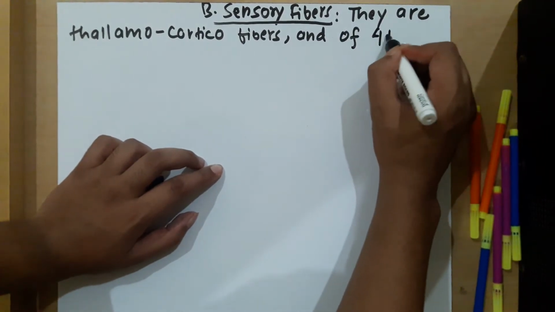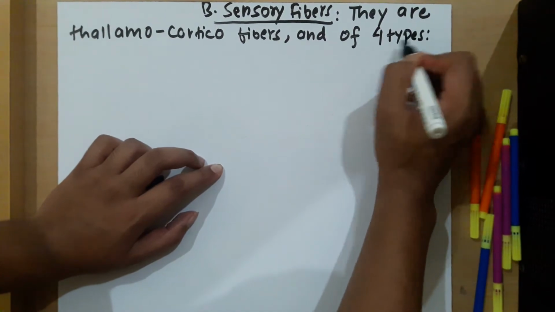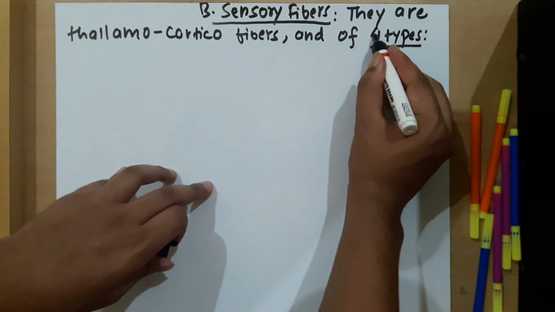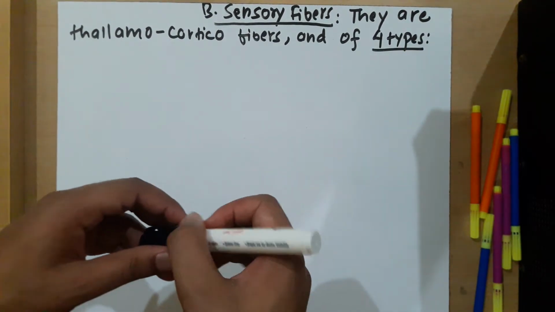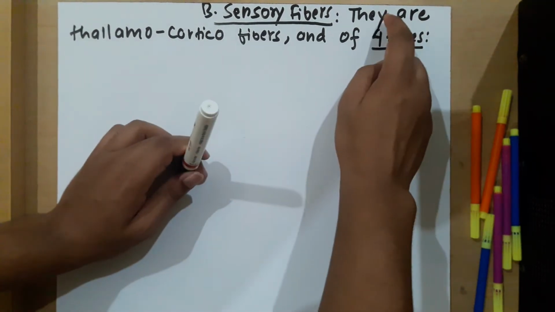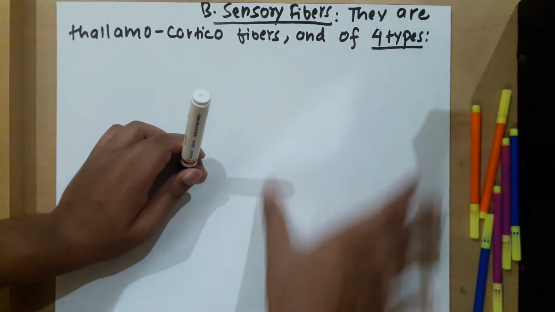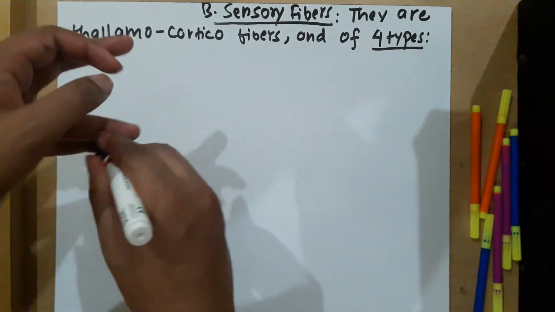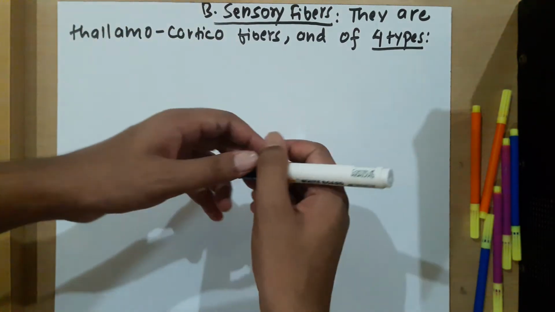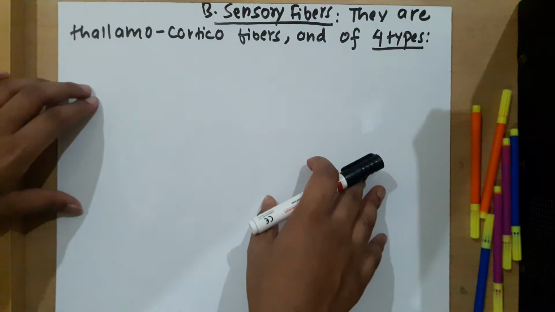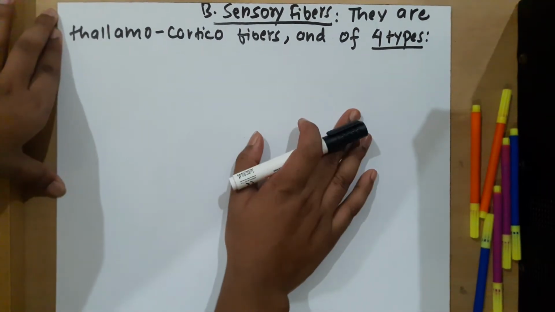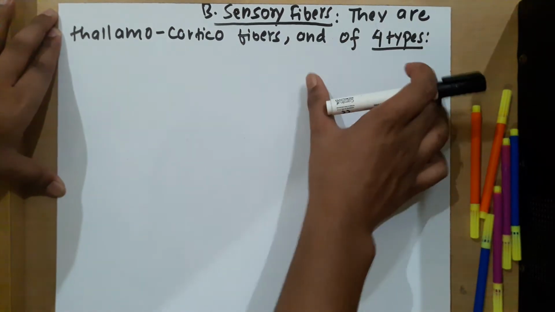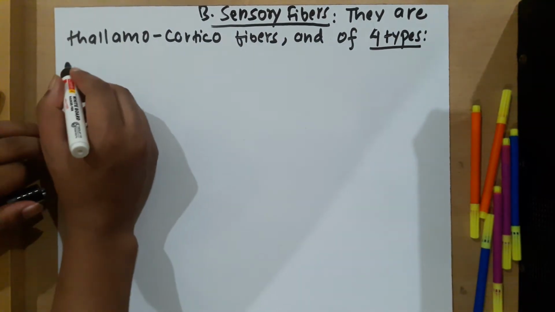We also write the sensory fibers as radiations. I'll use this term radiation in the names of the following sensory fibers, such as anterior thalamic radiation, because radiation can also be used for sensory fibers. So they are the thalamocortical fibers and are of 4 types. Let's discuss them.